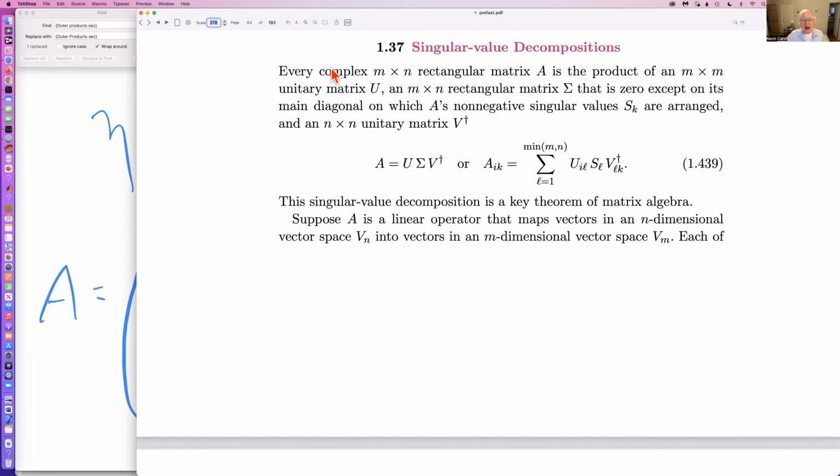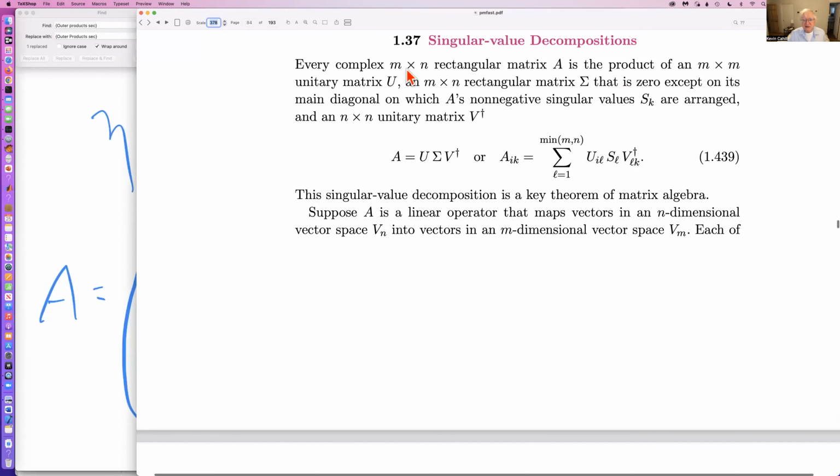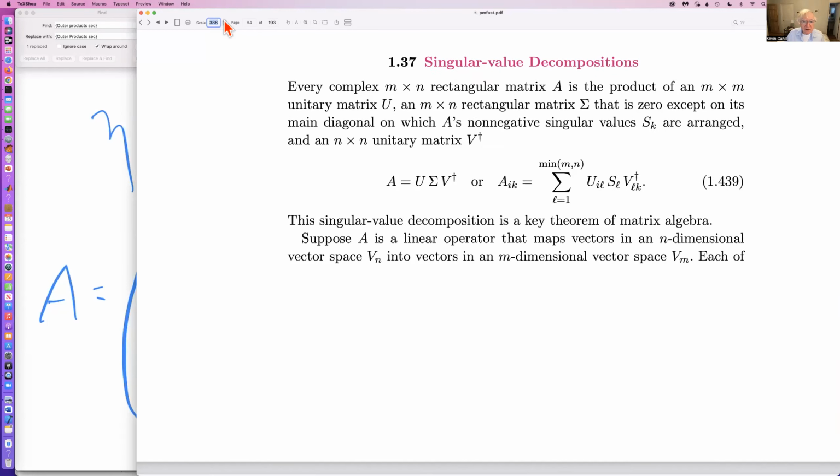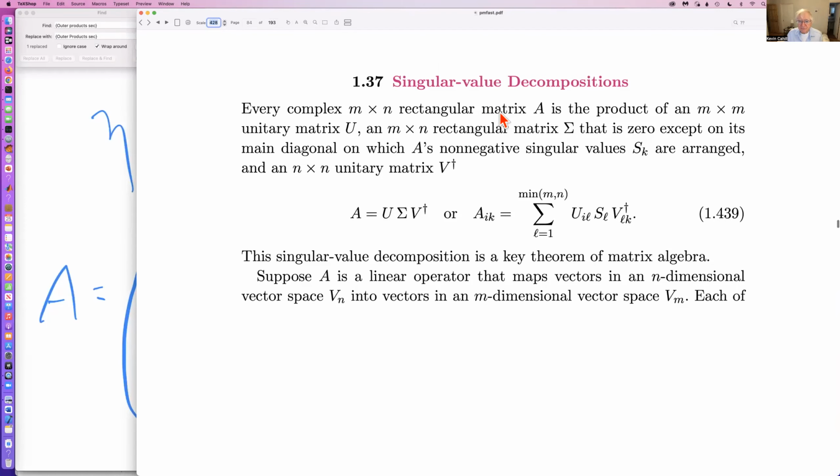And so the statement is that every complex M by N rectangular matrix is the product of an M by M unitary matrix U, an M by N rectangular matrix sigma that is zero except on its main diagonal, on which the entries are non-negative singular values, and an N by N unitary matrix V dagger.